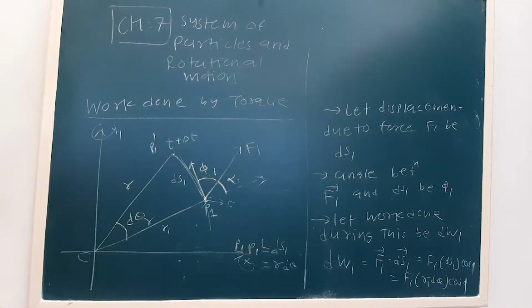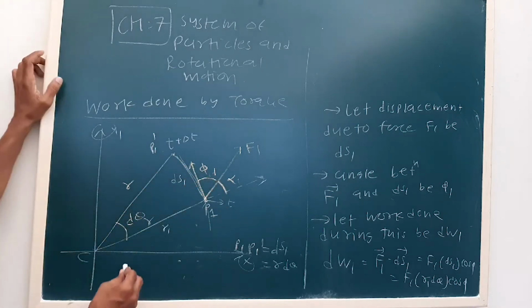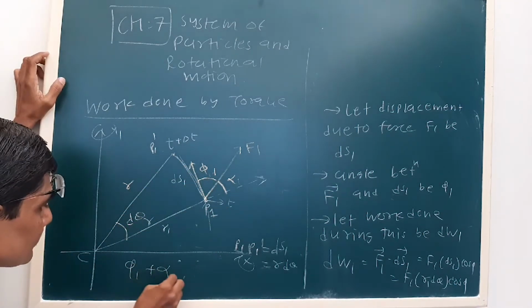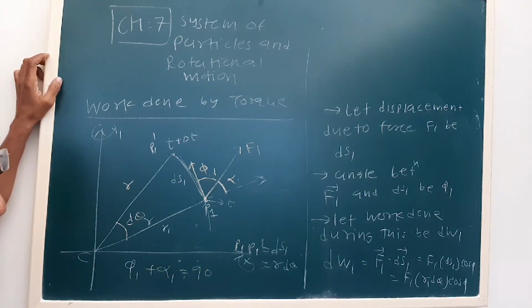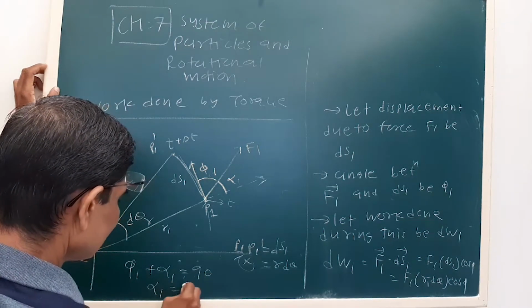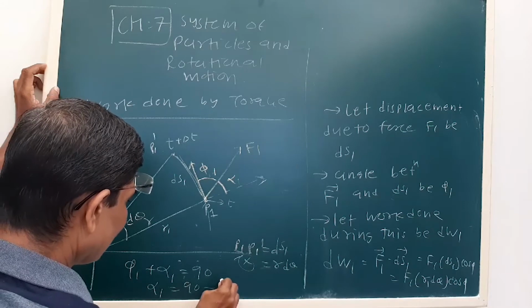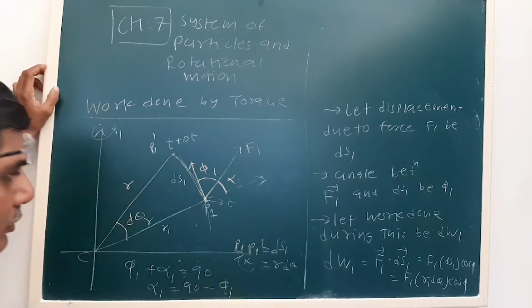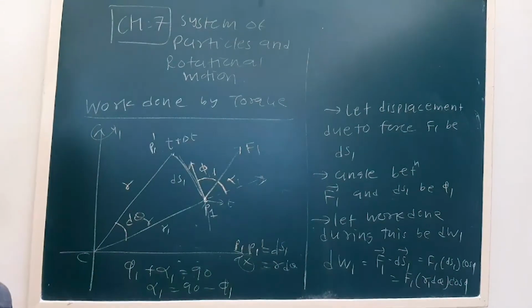Now we know this phi 1 plus alpha 1 is 90 degrees. So what will be phi 1? It is 90 minus alpha 1. And if I write cos of 90 minus theta, it is sin theta.